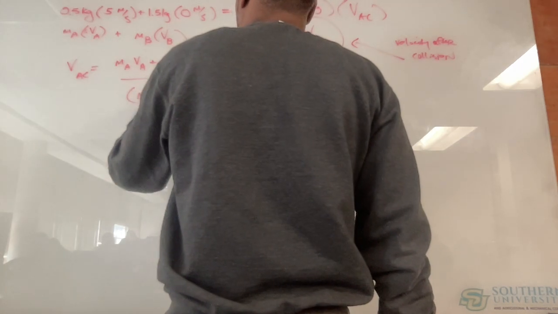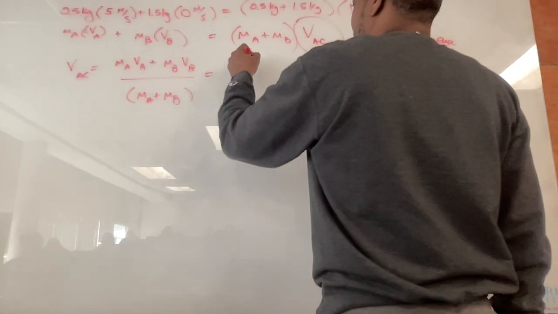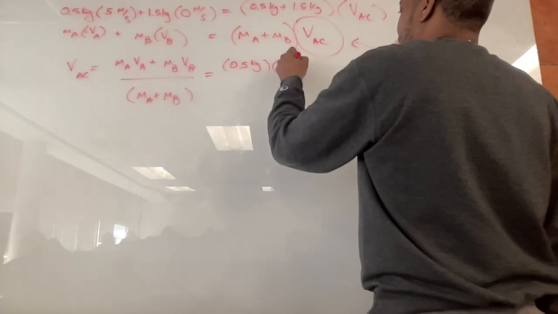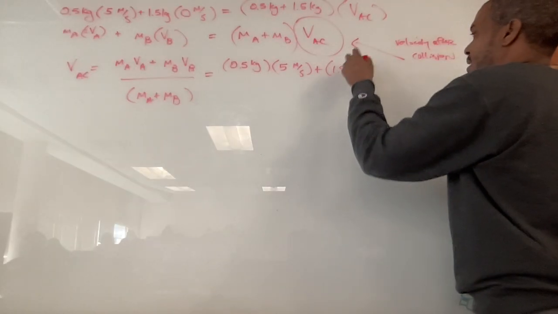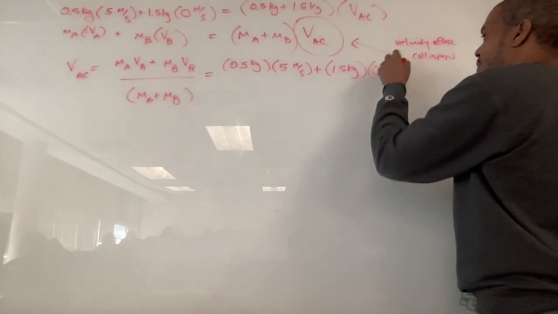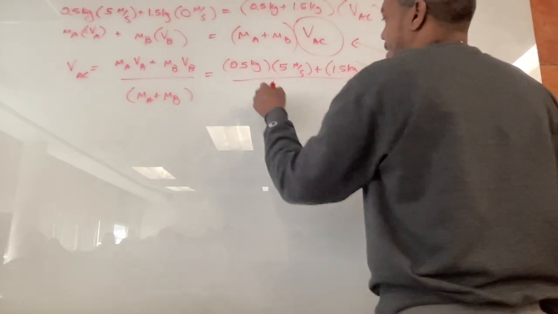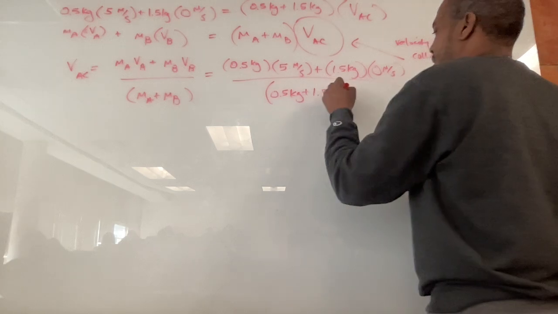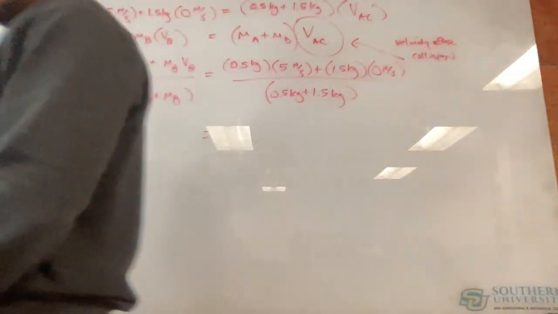MA plus MB. Right? So that's basically 0.5 kg times 5 meters per second plus 1.5 kg times 0 meters per second. So that's just going to go away, right? And then 0.5 kg plus 1.5 kg. All right? And somebody tell me what that final answer is.